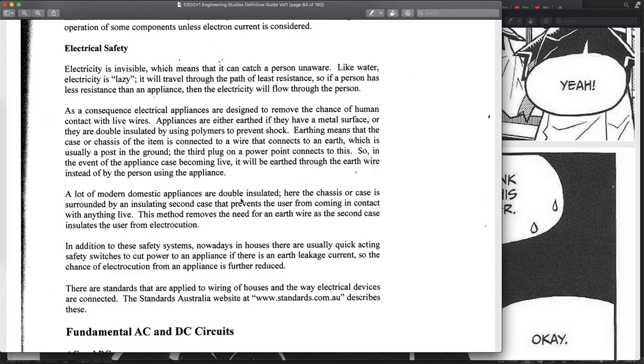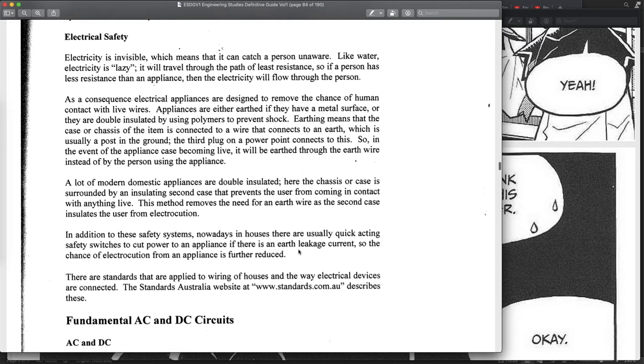Electricity can be considered lazy, or it travels the path of least resistance. This means that people have high levels of resistance. Our skin typically has high resistance. So given the choice, electricity will run through a metal wire rather than through a person.